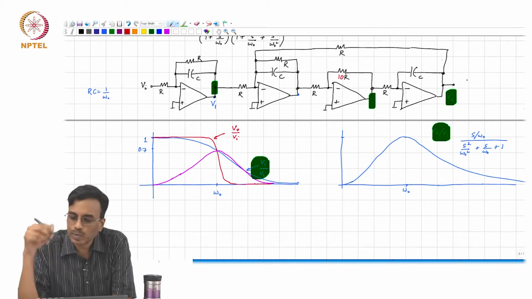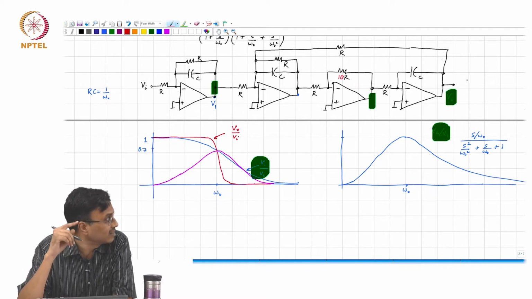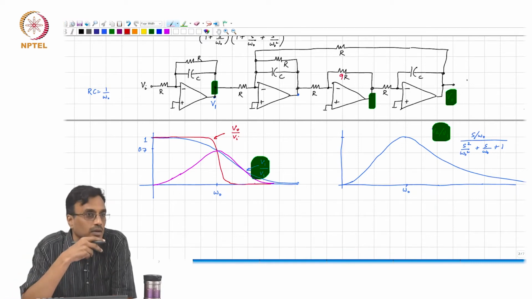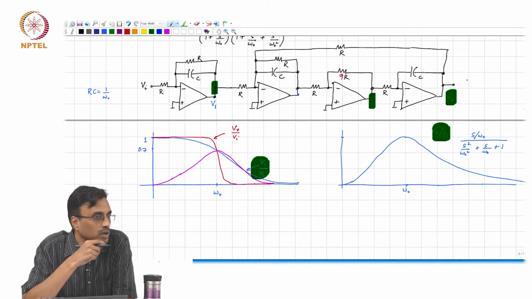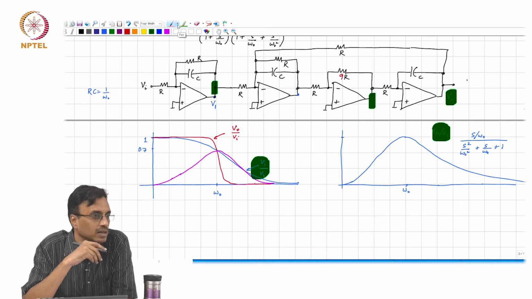The question is, what will be the transfer function of this biquad when I go and change that resistor, let me make it a nice number, let me make it 9. Hopefully this gives you a clue. What comment can we make about the transfer function of this biquad now? Will it remain the same or will it change? Or the omega naught and q of the biquad, will it change or will it remain the same?